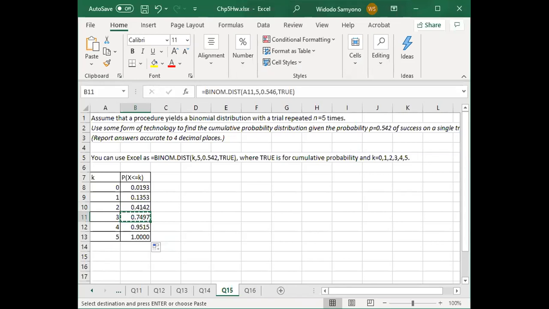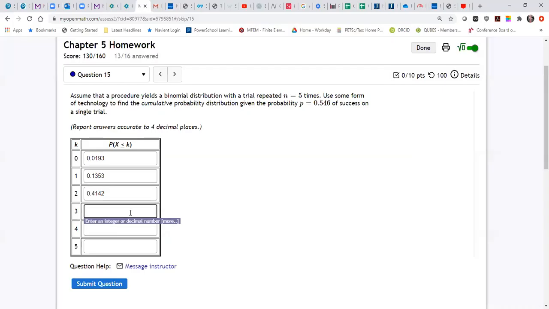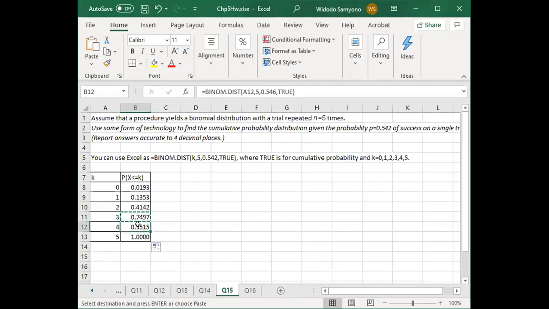And paste it here. Copy. And paste it here, right?